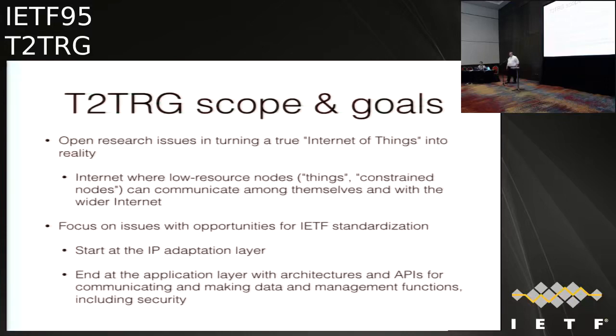And why is internet technology not used more for the Internet of Things? There are some stumbling blocks, and we have to work on those. This is really the idea: find out where those stumbling blocks are, and maybe find ways of clearing them, in particular, those ways that might lead to IETF standardization.